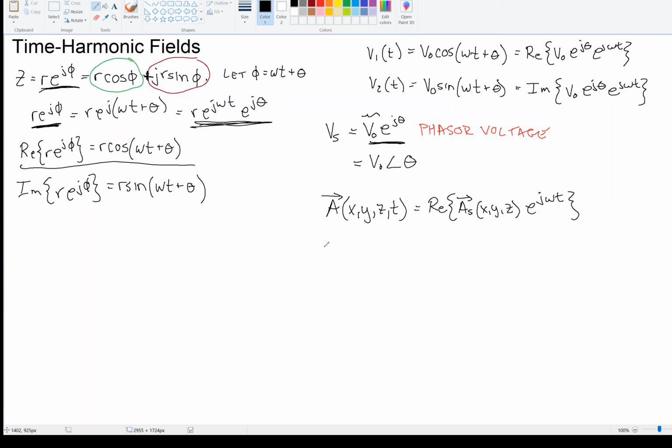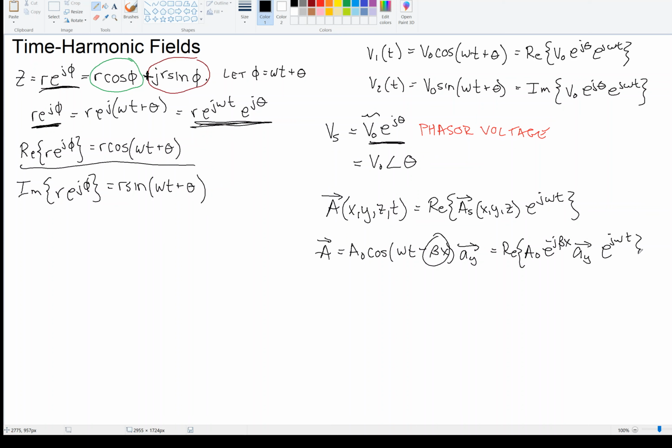So let me give you an example. Let's say we had a vector field which was a0, some amplitude, times cosine of omega t minus beta x, where beta is a constant, maybe in the y direction like this. We can write that as the real part of a0 e to the minus j beta x, in the y direction, and then factor out the time dependence.